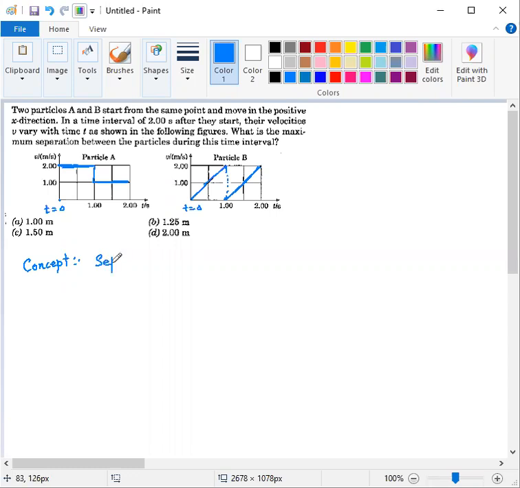Separation is nothing but the area under the V relative versus t curve.